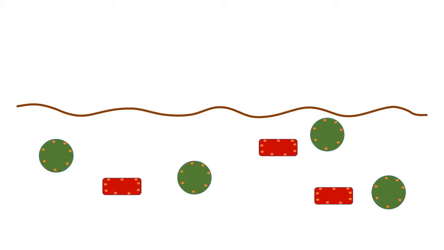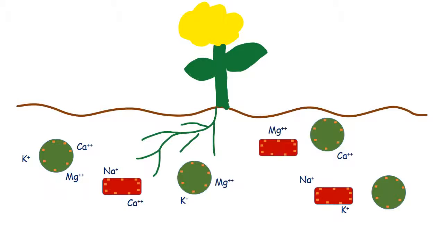A soil contains many of these tiny negatively charged clay and humus particles. These particles attract the positively charged cations in the soil and hold them on the surface of the soil particles. In this way, soil acts as a reservoir of nutrient cations for plants growing in the soil.